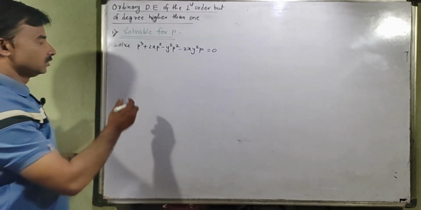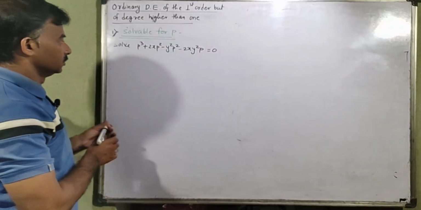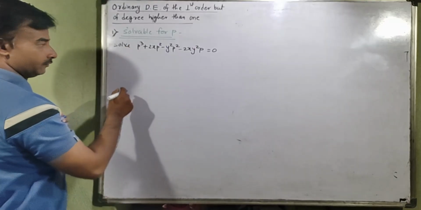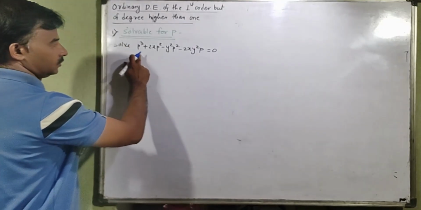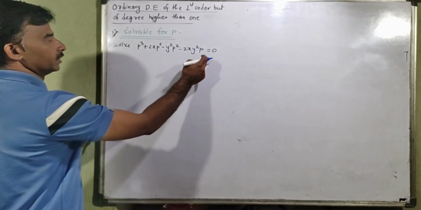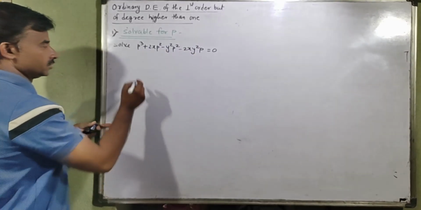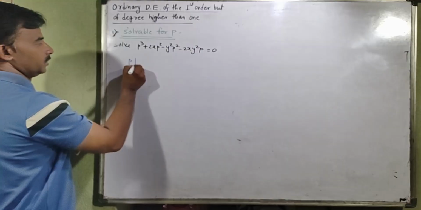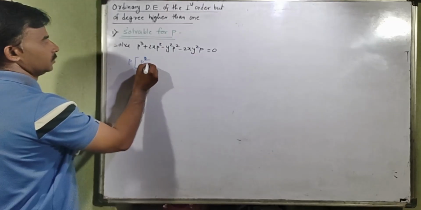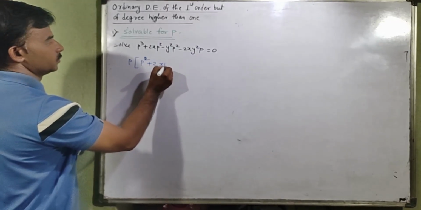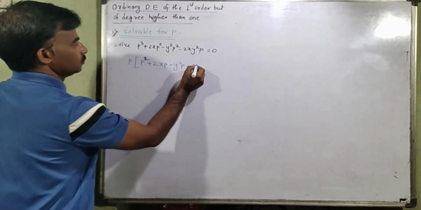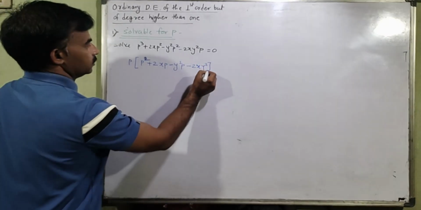Okay, now we solve this differential equation, which is a first order third degree differential equation. Here we see that p is found everywhere, in each term of the differential equation. So first of all, p is taken common, and here is p square plus 2xp minus y square p minus 2xy square is equal to 0.